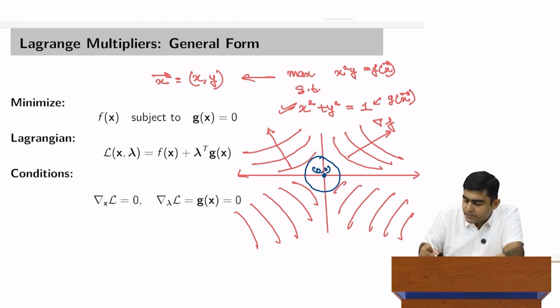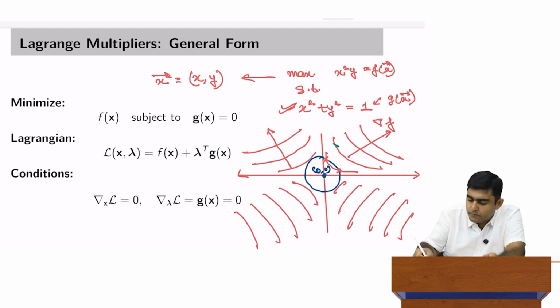For example, it is very clear that if I draw another curve, this is also x square y, let me draw it a bit nicely, these 2 points are indeed satisfying the equation of the circle. However, the value at the point that I have crossed in red is lower than the point in green. So, I should go with green. However, my constraint would not allow me to go for green. So, I have to look for my answer in the vicinity of this red cross that I have drawn here.